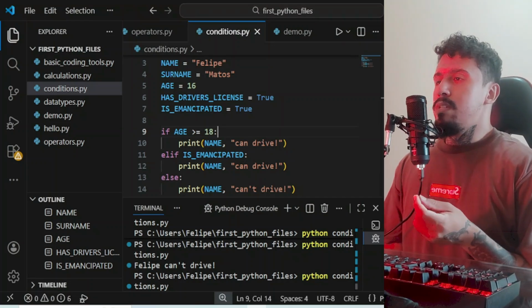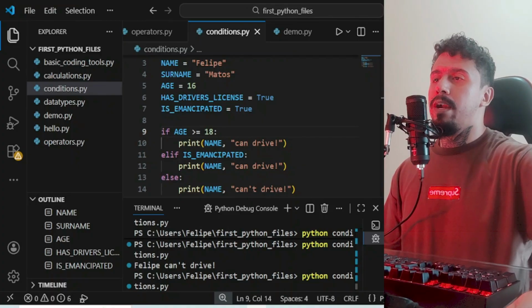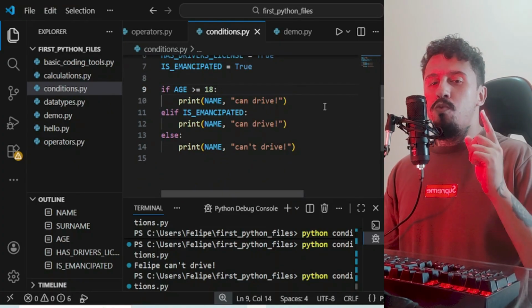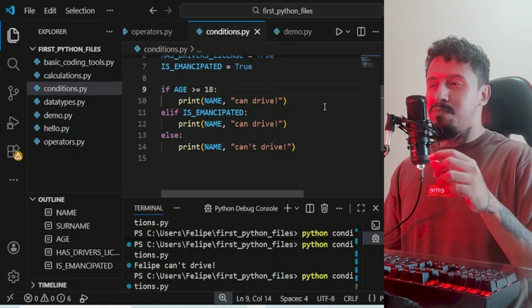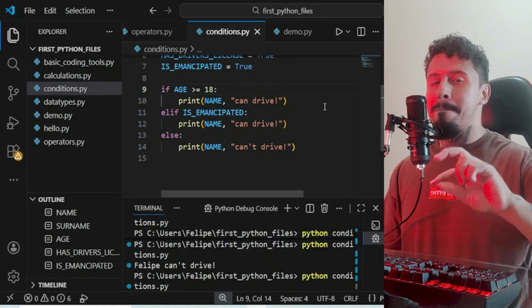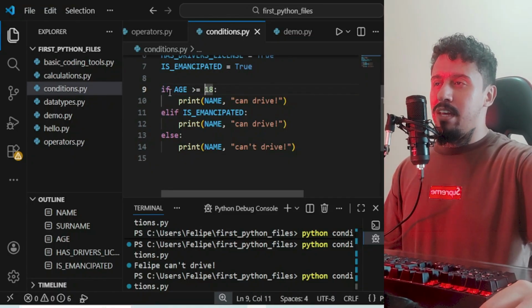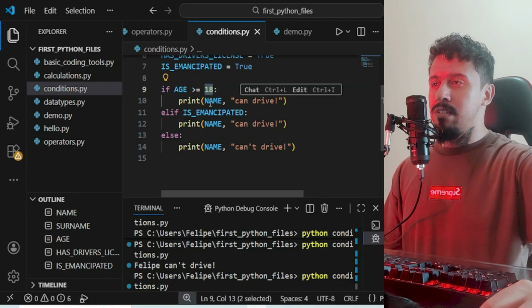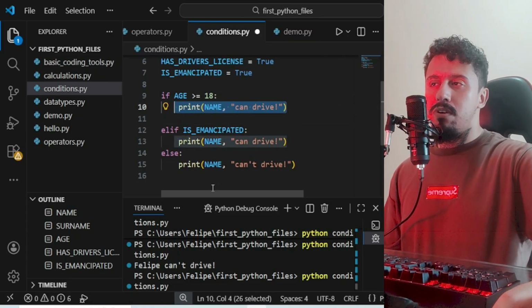You are going to see in your life as a programmer some situations where you cannot use one comparison to make a decision. You must use many comparisons. In this case, we are checking if the age of this person is greater or equal to 18 to decide if this person can drive, right?